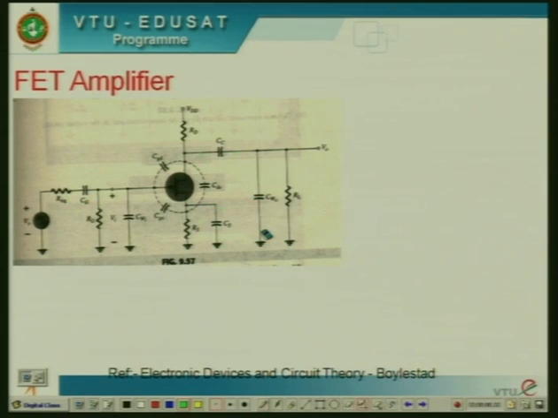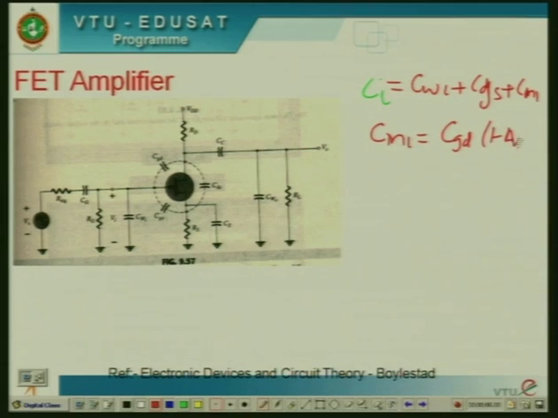To determine the upper cutoff frequencies, we need to calculate the input capacitance Ci, which is given by Cwi plus Cgs plus Cmi, where Cmi equals Cgd into 1 minus Av.